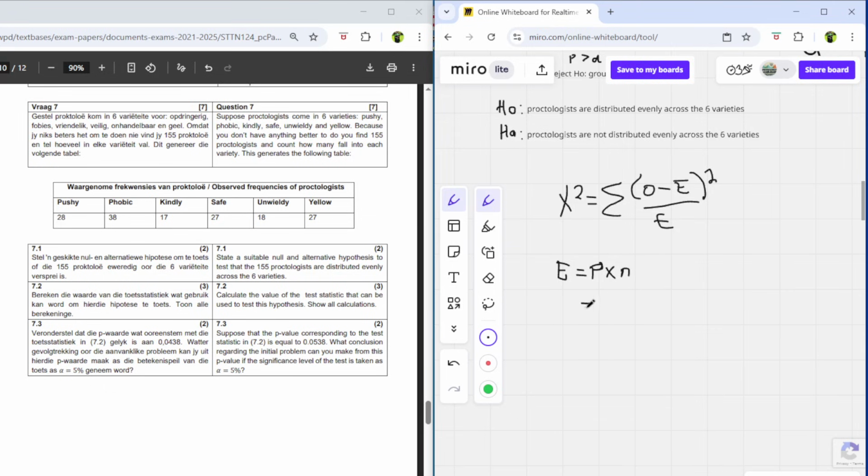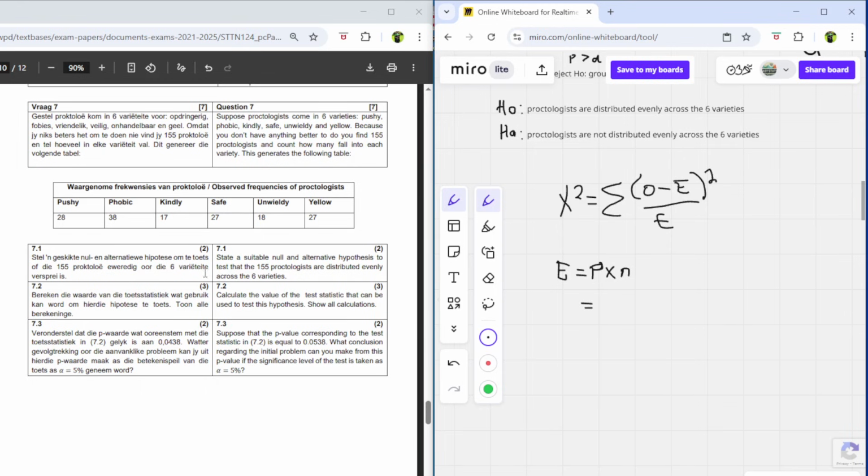Because they didn't give us the distribution of this previously, for the 155 proctologists, we don't have that information, so we assume that they are evenly distributed. Hence we said they are distributed evenly across 6 varieties in our null hypothesis.